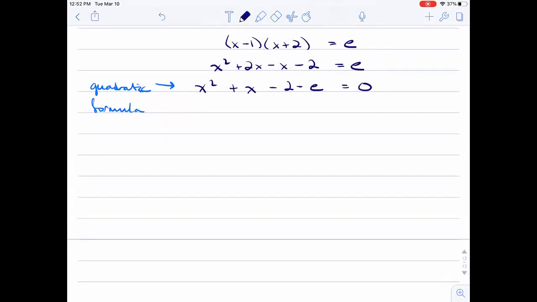The negative 2 minus e I can combine as just one number. So I get x squared plus x minus the quantity 2 plus e equals 0. I pulled out that common negative out front, and I'll double check that when I expand it, I still get negative 2 minus e, which I do.